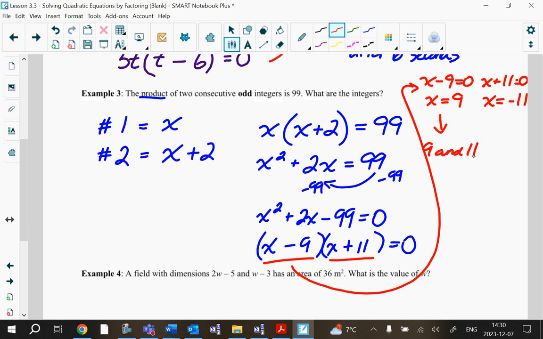Odd numbers can be negative. If the first one's -11, what's the second one? -9. There's two possible answers. 9 and 11 work. -9 and -11 work.